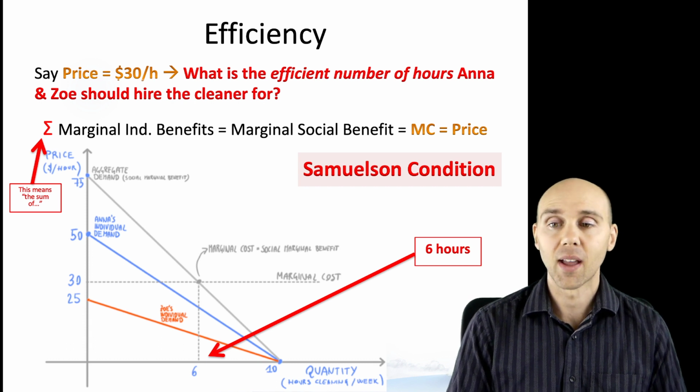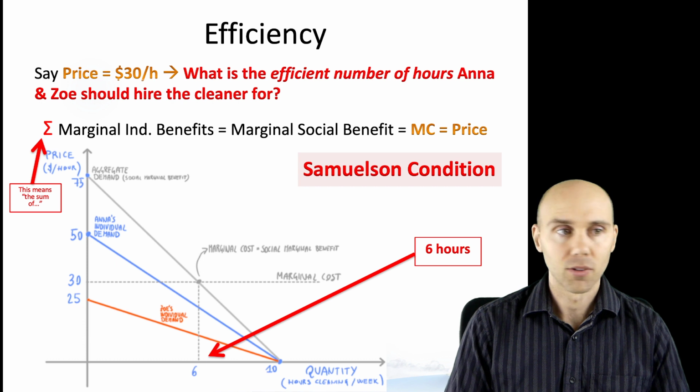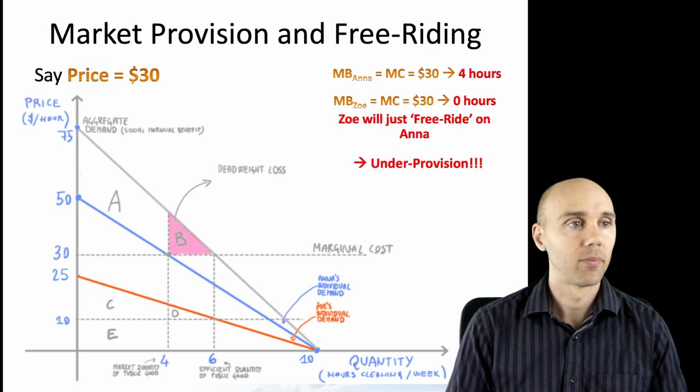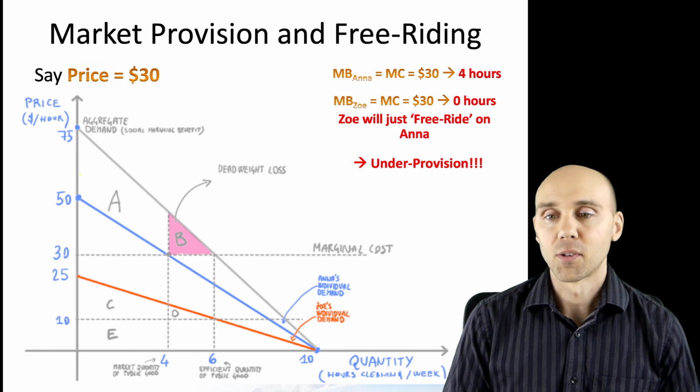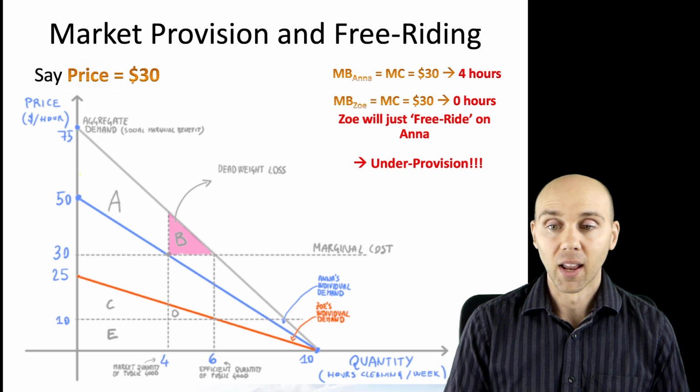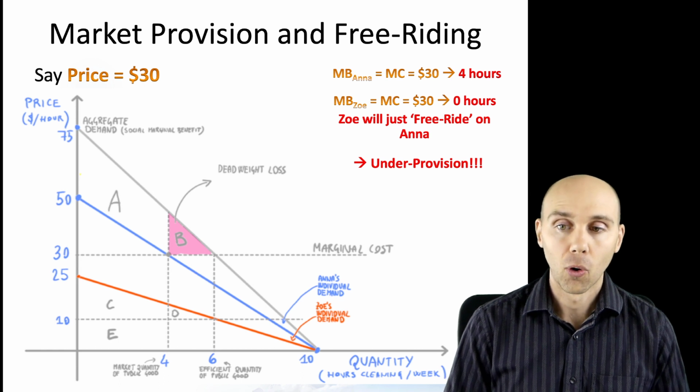If we just leave it to Anna, Anna's going to consume less. Here we go. So you can see that Anna at $30 is going to consume less. She's only going to consume 4 hours.